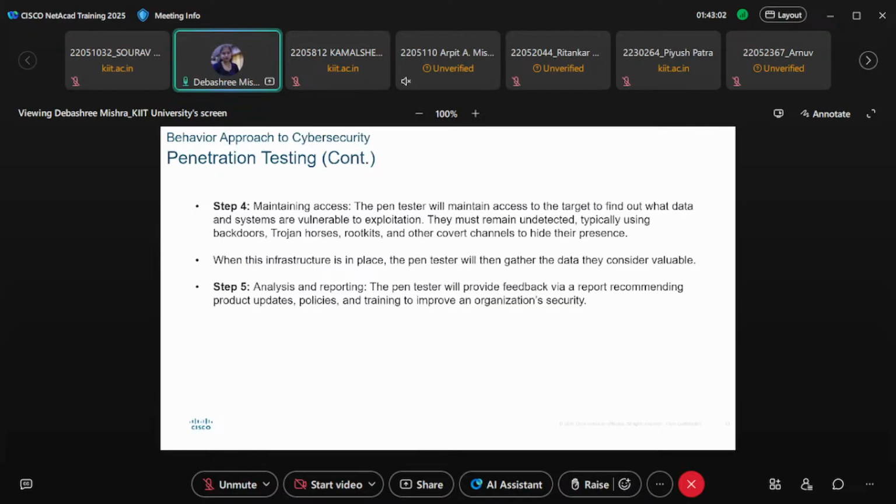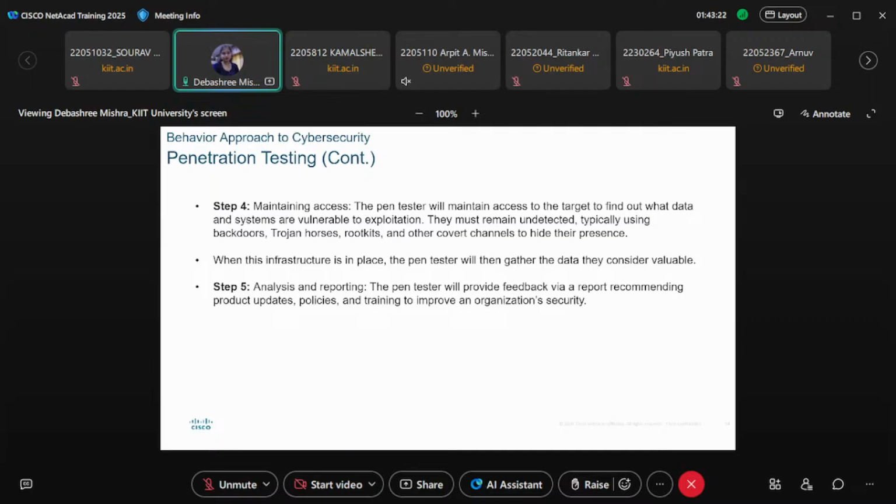Now the fourth step is maintaining your access. When the pen testers try to maintain access to the target, they need to find the data in the system that is vulnerable to exploitation.